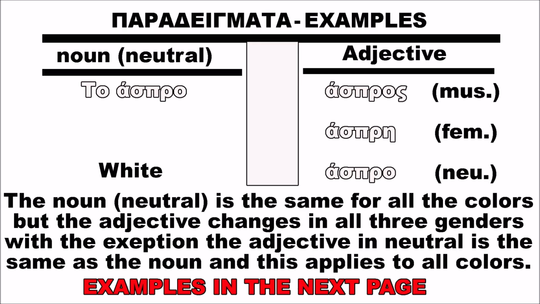The noun neutral is the same for all the colors, but the adjective changes in all three genders. With the exception, the adjective in neutral is the same as the noun, and this applies to all colors. Examples in the next page.